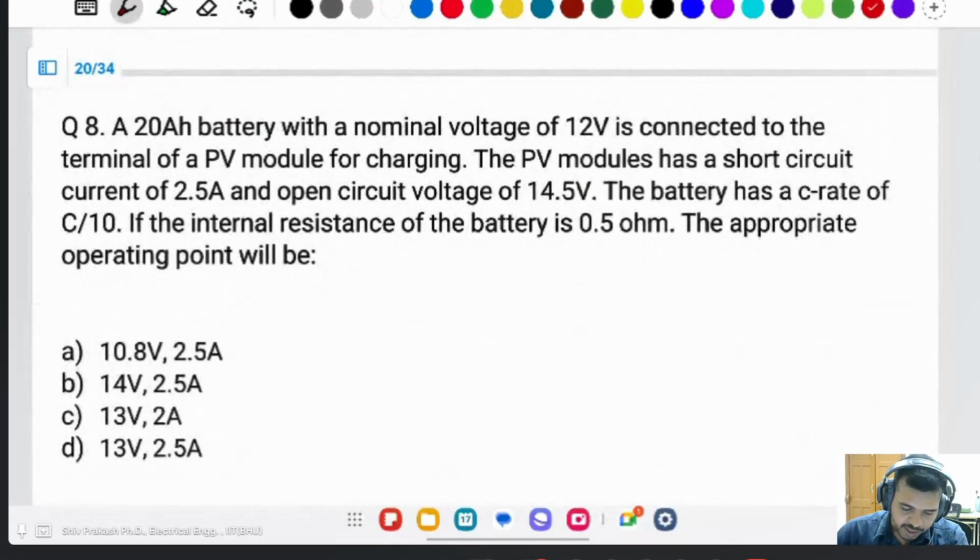A 20 Ah battery with a nominal voltage of 12 volt is connected to the terminals of a PV module for charging. The PV module has a short circuit current of 2.5 ampere and an open circuit voltage VOC of 14.5 volt, ISC given as 2.5 ampere. The battery has a C rate of C10.